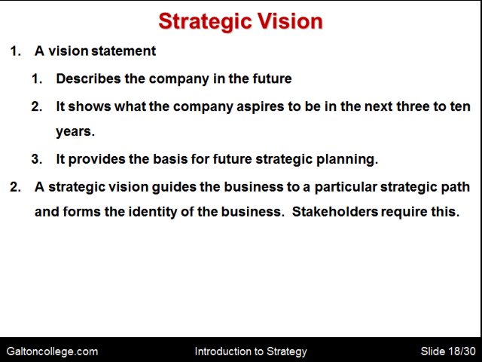If it doesn't have a direction, the business is seen as confused and not going anywhere. So it must have a strategic vision and a preferred strategic path. There may be many paths going to the vision, but it must have a preferred strategic path, the one which it selects.